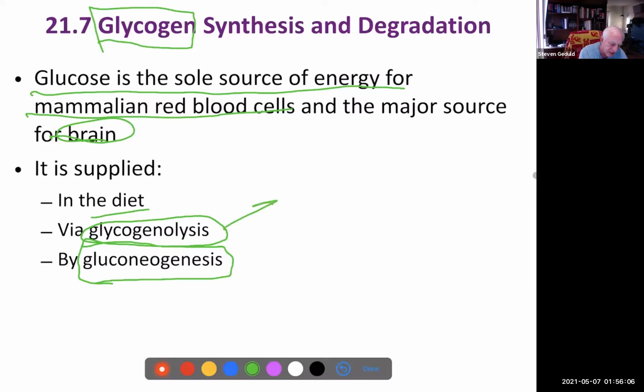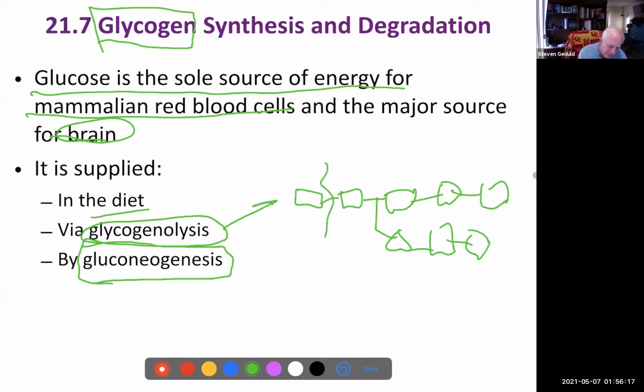In other words, glycogenolysis is glucose, glucose, glucose, glucose, glucose. So here's how glucose is stored as glycogen. We break these off and we release glucose back into the bloodstream. So we break down glycogen. So glycogenolysis. Okay, so by the diet, breaking down glycogen, or forming glucose. Those are three ways we can get glucose into the bloodstream that we need.